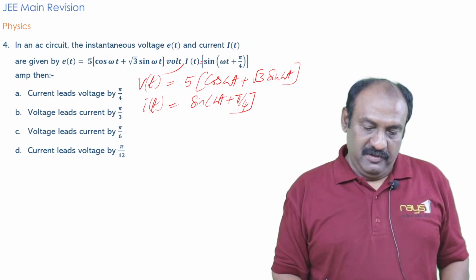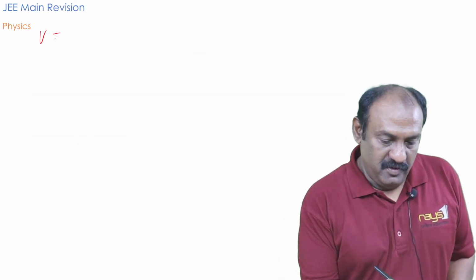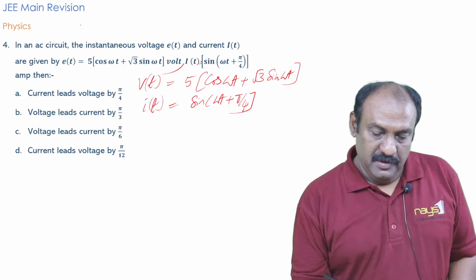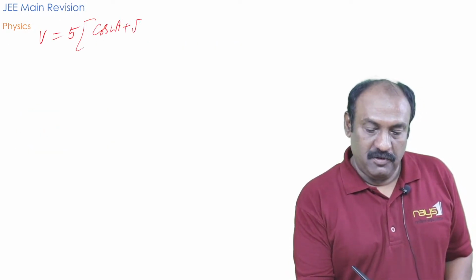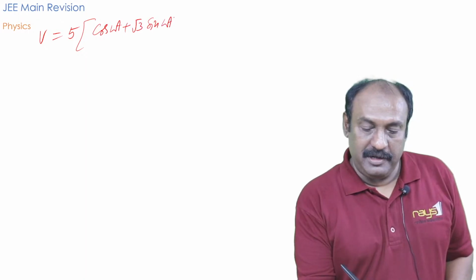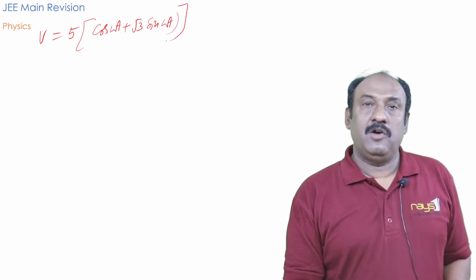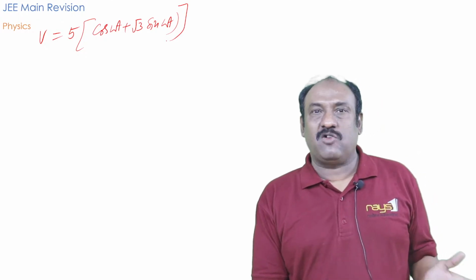First you have to write the equation V equal to 5 cos omega t plus root 3 sin omega t. You have to convert this into either a single sine or cosine function.